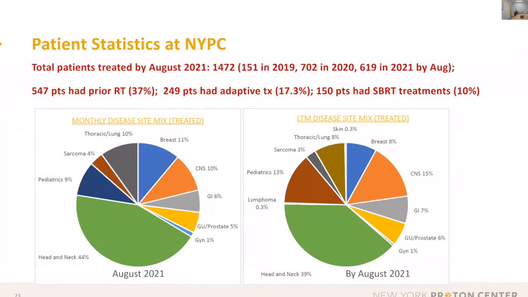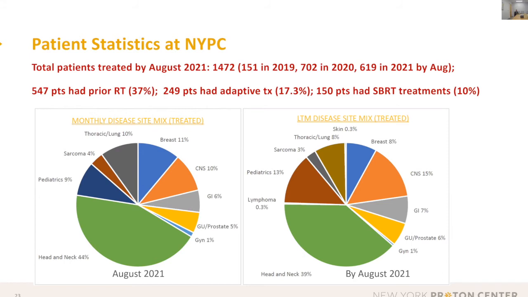Among all the treatments, around 17.3% of patients have at least one adaptive treatment during the treatment course, and around 10% of patients have an SBRT treatment. And among all those roughly 1,500 patients, 10% actually received treatment with SDX.